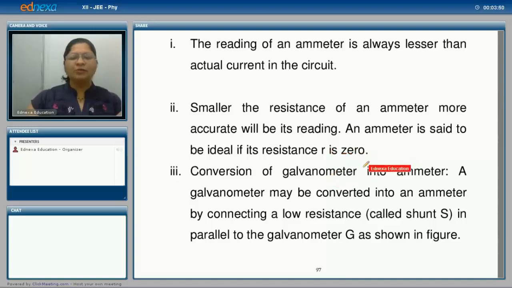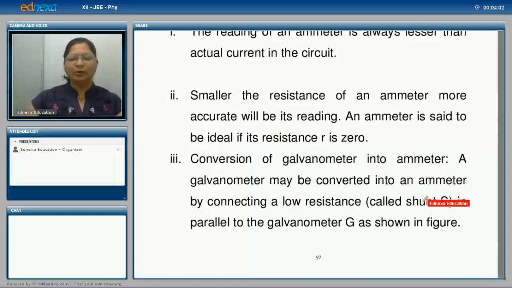Next, conversion of a galvanometer into ammeter. So all of you know basically ammeter and voltmeter are the converted forms of the galvanometer only. And how to convert a galvanometer into ammeter? A galvanometer may be converted into an ammeter by connecting a low resistance, which is also called a shunt, in parallel to the galvanometer G as shown in the diagram.